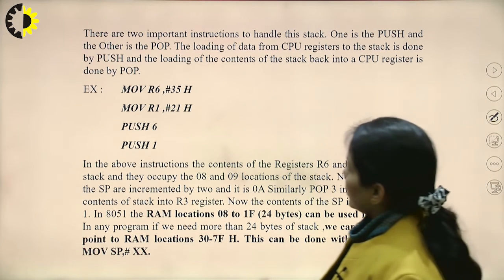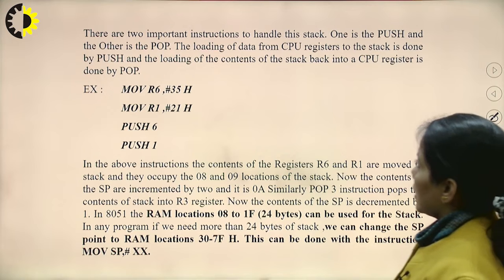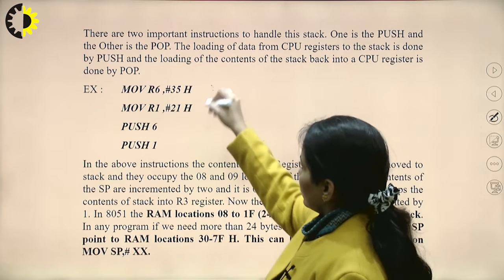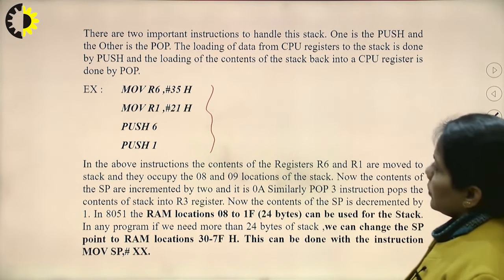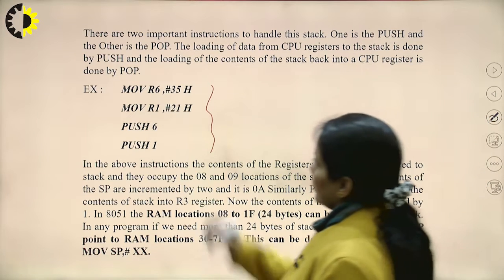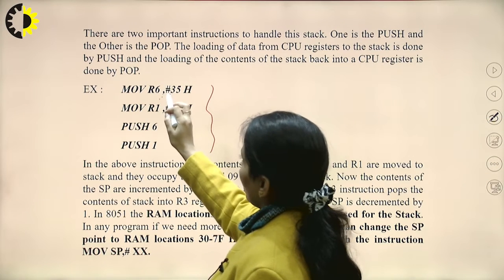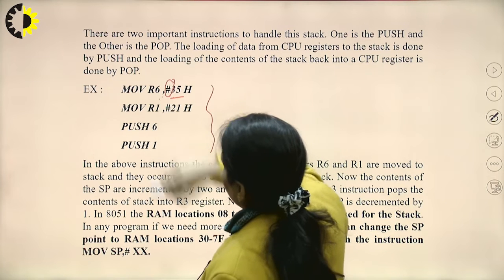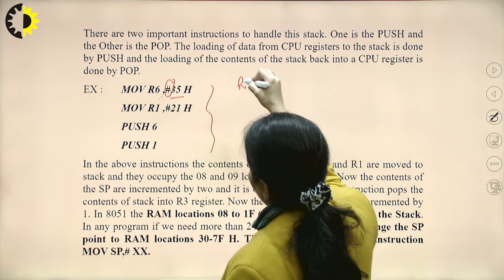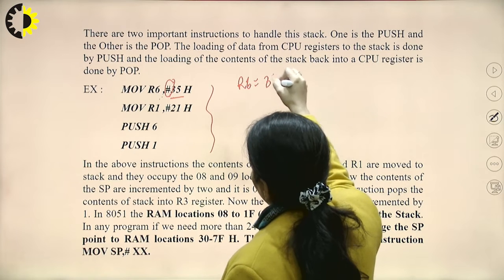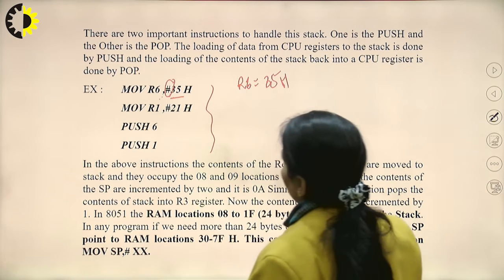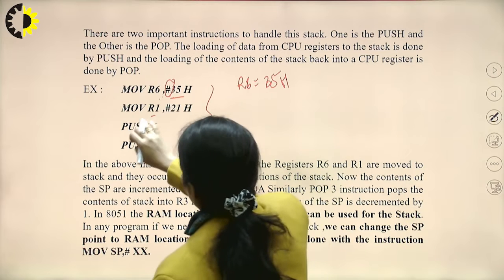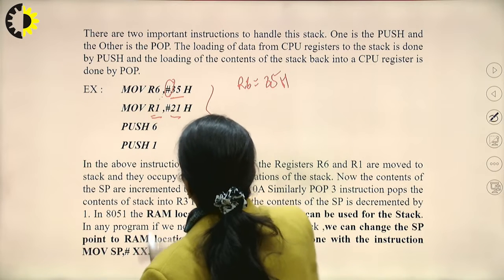So, the two important instructions used to handle the stack are push and pop. So, we can see here, suppose I am writing MOV R6, #35H. Hash indicates that it is immediate data. So in R6, I am storing 35H. Now suppose I am writing MOV R1, #21H.